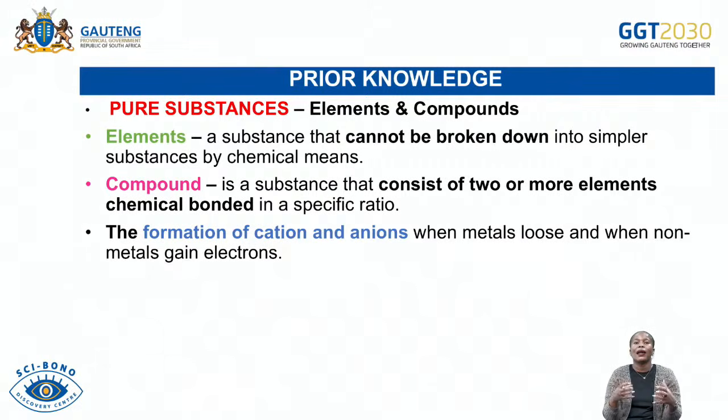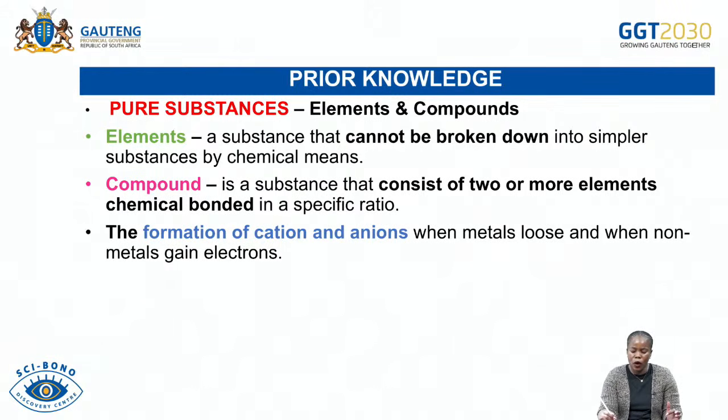Remember, we spoke about how the cations form. When metals lose electrons, they form the cation. Your cations are the positively charged ions, and then we've got your anions, which are your negatively charged ions. Those come from the nonmetals, which gain electrons.